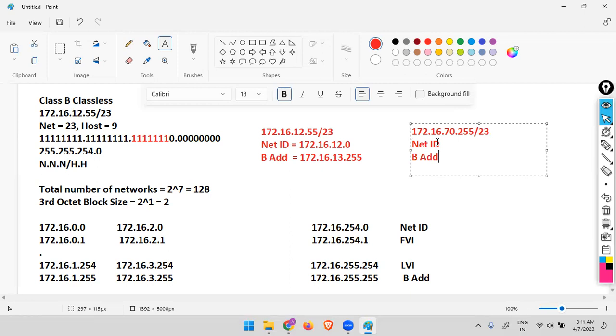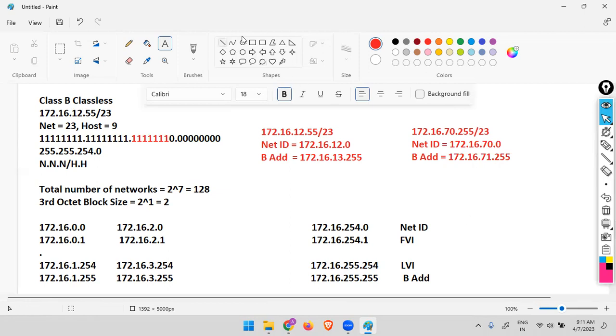So 70 and 71. That's it. So this will be 172.16.70.0. Broadcast will be, correct. Any doubt in this part? Clear to everyone? Okay.